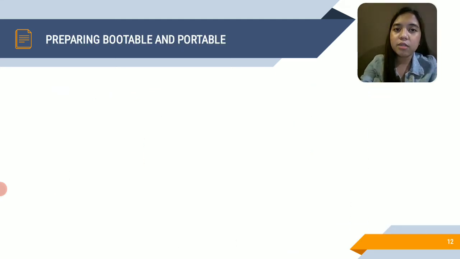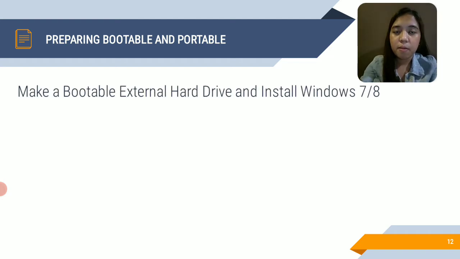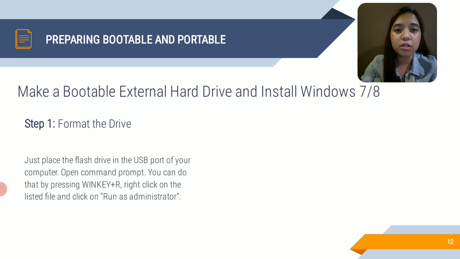For the second subtopic, preparing a bootable and portable device, we make a bootable external hard drive and install Windows 7 and Windows 8 on it. Step 1 is to format the drive.